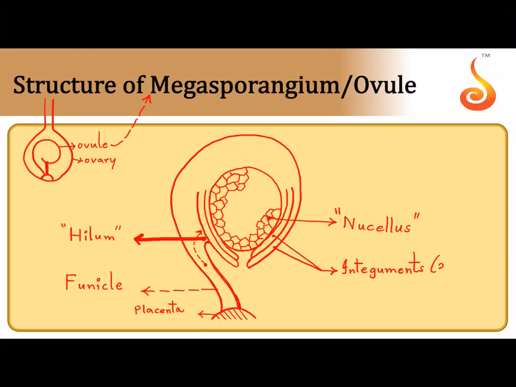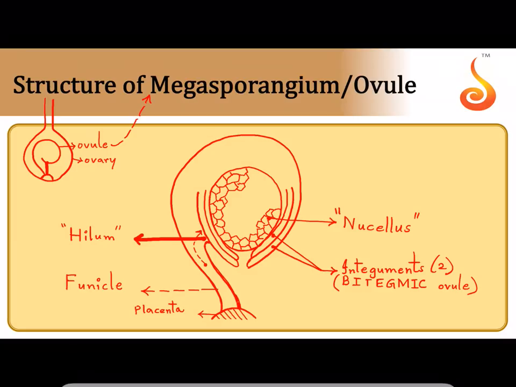There are two integuments. We call such an ovule which has two integuments a bitegmic ovule, because it has two coverings. There is one envelope inside and one envelope outside. There are two layers of coverings around the nucellus, and that is referred to as the integuments.